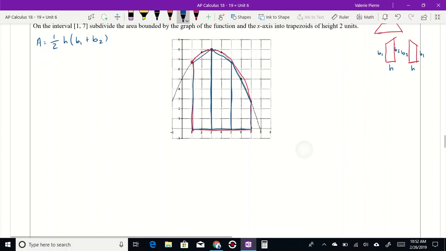Okay, so if we look at trapezoid number 1, right, we're looking at the definite integral of f of x dx approximately equal to.